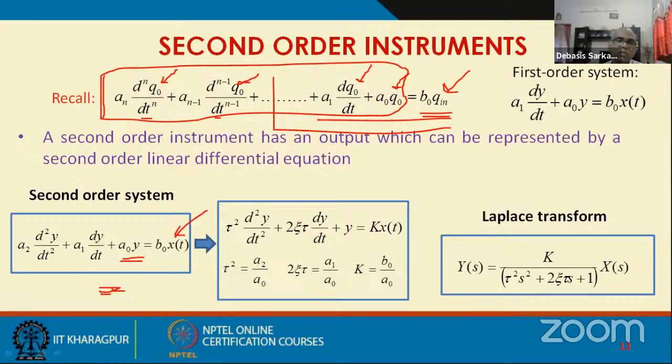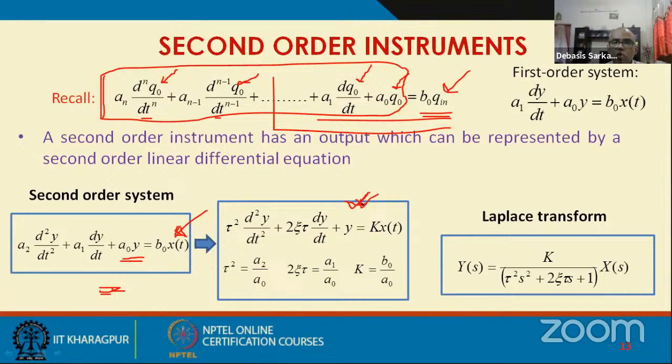Now if you open any process control book or process dynamics book, you will see that if you divide this equation throughout by A0 on both sides, it will be written in the form: tau square d2y/dt2 plus 2 zeta tau dy/dt plus y equals K times x(t).